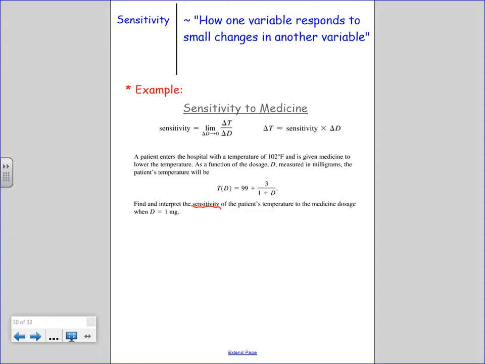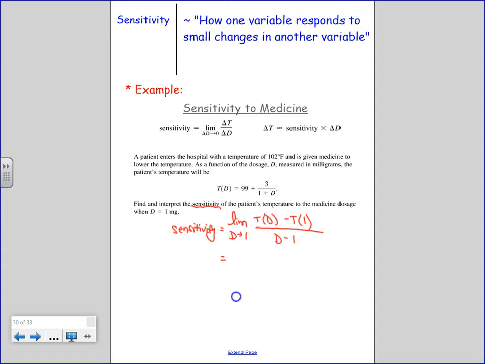So technically, to find sensitivity with the limit definition, we'd take the limit as D approaches 1 of T of D minus T of 1, over D minus 1. D is like our x value, and 1 is like our a.